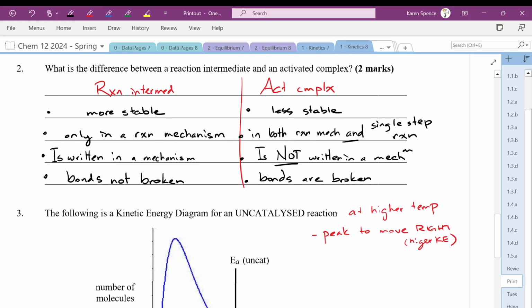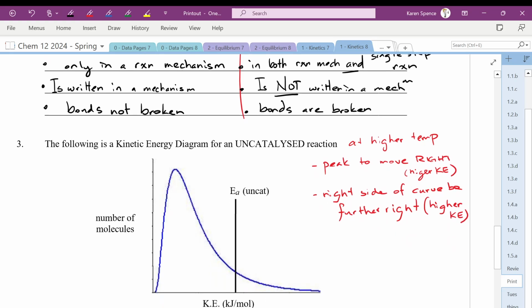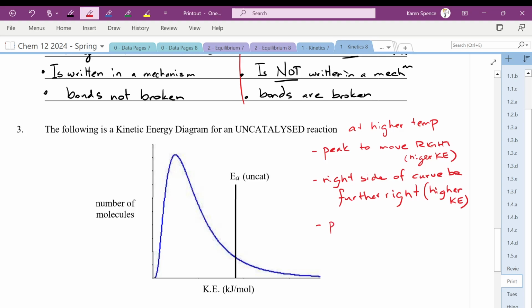You want the right-hand side of the curve to be further right, which again means higher kinetic energy. You want the peak to get lower, to keep the area under the curve the same.